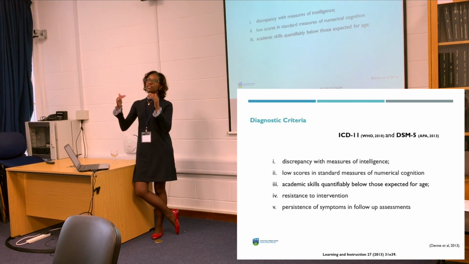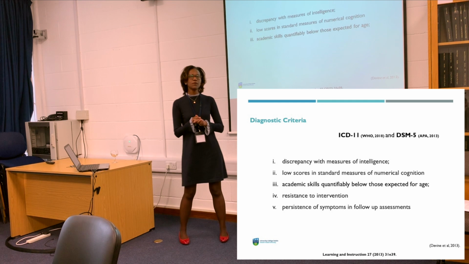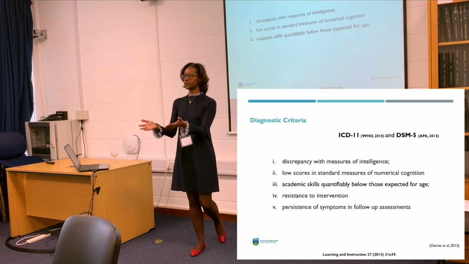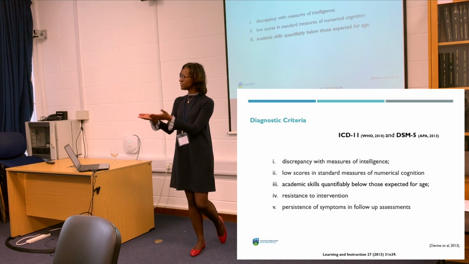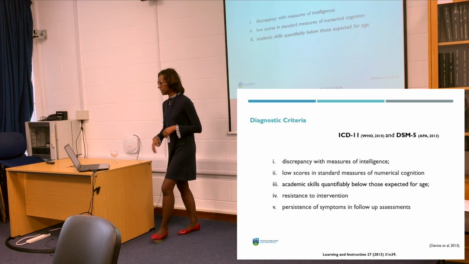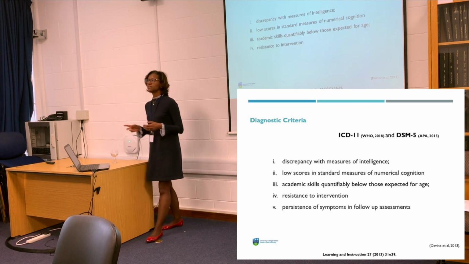Academic skills quantifiably below expected for age, so usually in children with developmental dyscalculia, you expect, for instance, the child in the 3rd grade, but this child is performing like first grade, so it's a clear delay in development. And resistance to intervention.